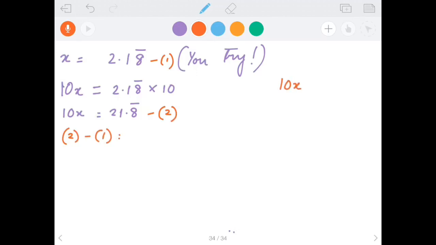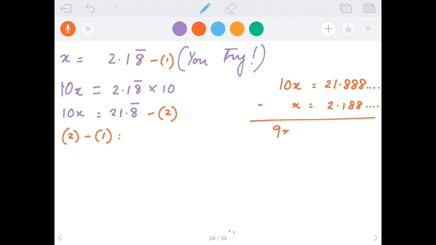So that's going to be 10x minus x, which is going to give me 9x. So first my 10x is going to be 21.88 bar, then that's going to be subtracted by x, which is 2.18 bar. Observe where the repeating 8s start from.